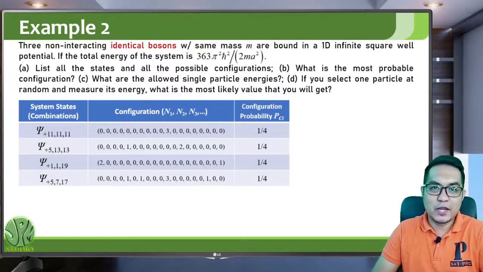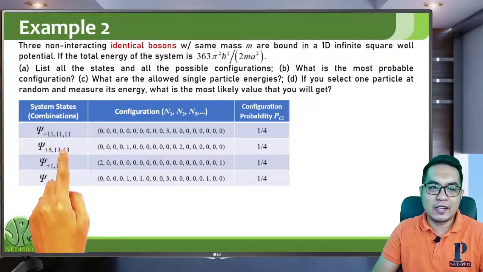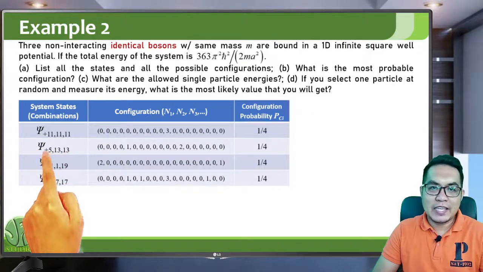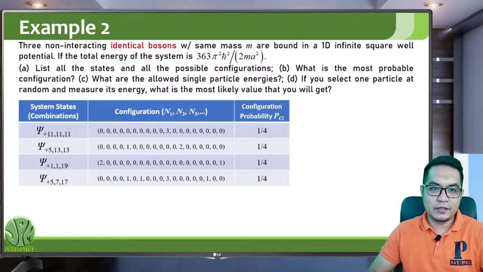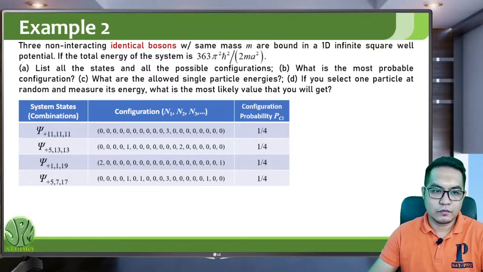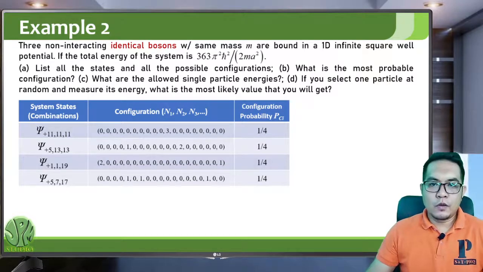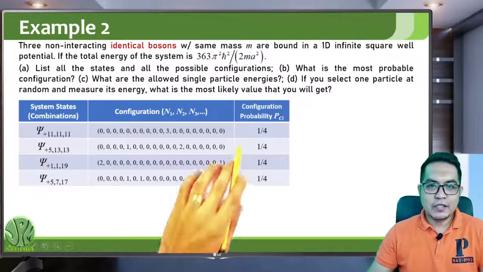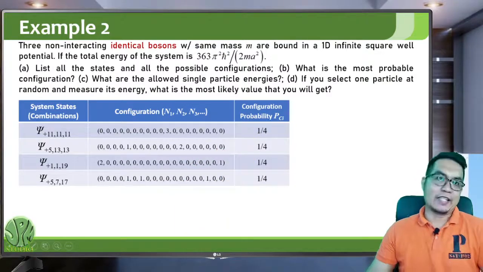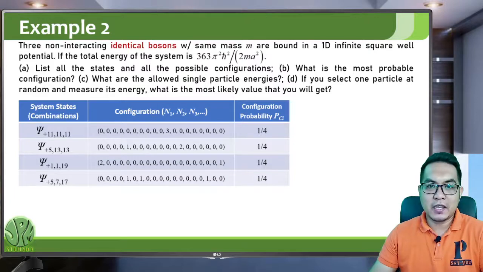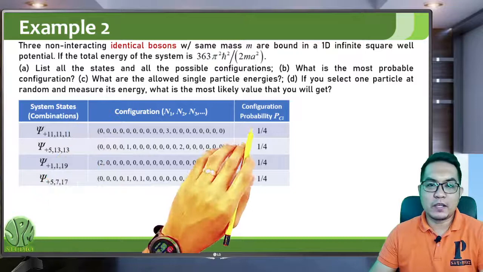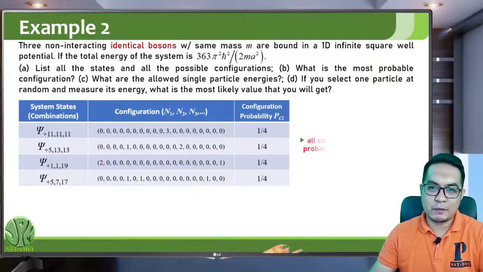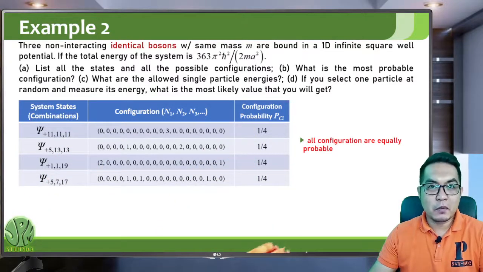All of the possible combinations of 5, 13, and 3 are now taken into account in this state, psi plus. So one configuration, one state. There are only 4 states in this case if you have identical bosons, and each configuration corresponds to one state, meaning the probability of each configuration is 1/4, or 25%. So all configurations are equally probable.